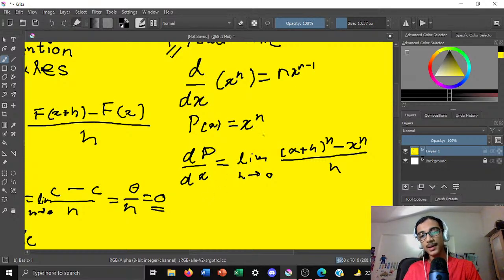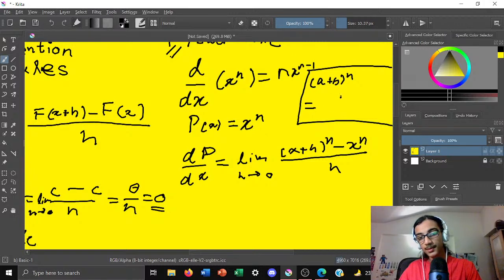But basically the binomial expansion theorem, let me just write it in the corner here, let me make a small box. It basically says that if you've got a plus b to the power n, right, that is going to be equal to the sum, from r equals 0 till n, of n choose r.